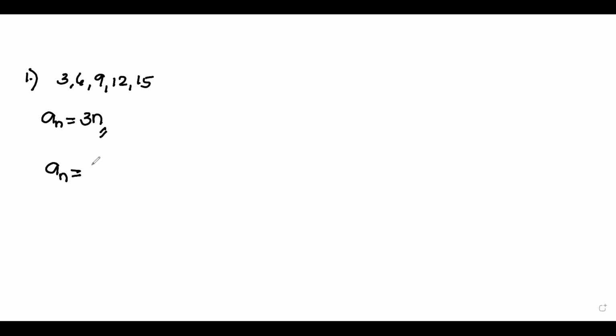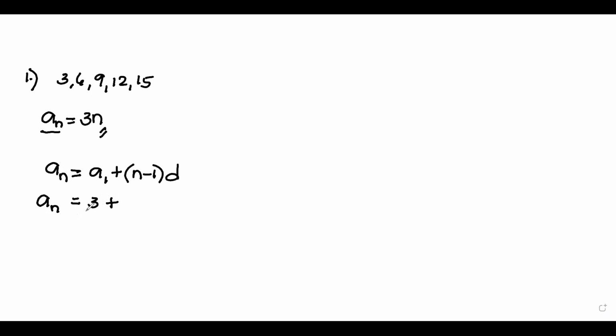a sub n equals a sub 1 plus the quantity n minus 1 times d. Okay, and then you just need to substitute the given, which is the first term, 3, plus the nth term here is unknown because this is our goal, to find the general rule given this sequence.